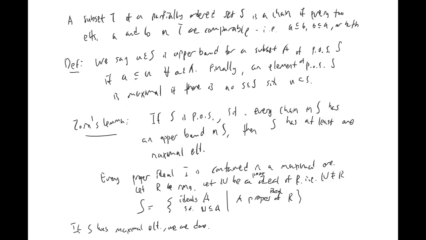Because by definition, if you belong in S, you contain the ideal N, and by this definition of maximal, there's nothing bigger that contains it. So is everyone clear on this? If S had a maximal element, we are done.